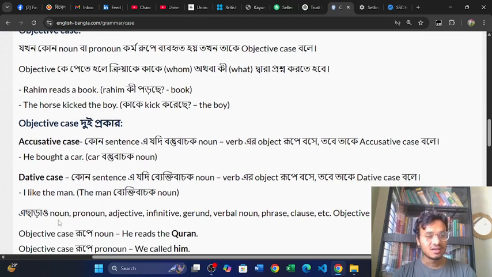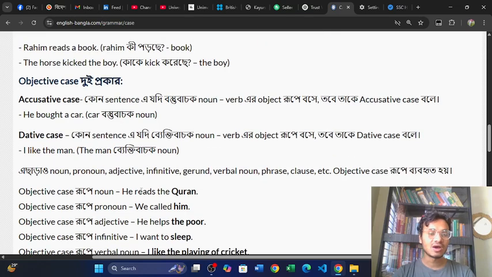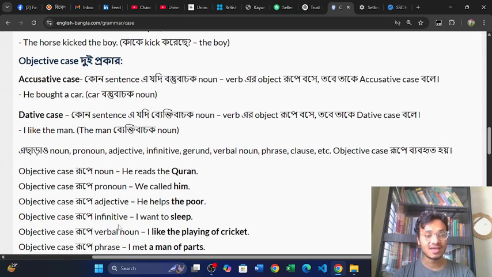Another noun, pronoun, adjective, infinitive, gerund, verbal noun, phrase, clause, etc. can be used as objective case. Objective case as noun: he reads the Quran. As pronoun: we called him. As adjective: he helps the poor. As infinitive: I want to sleep.